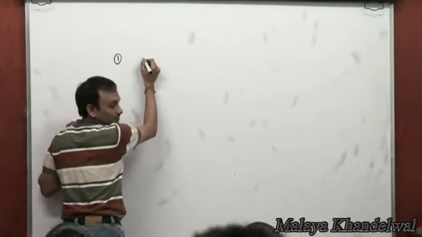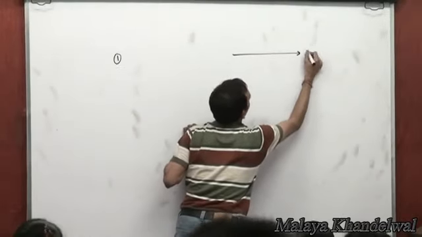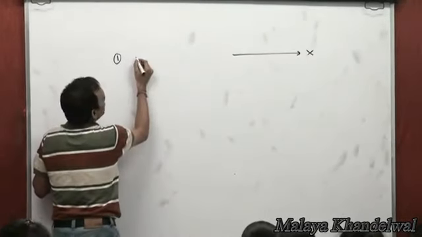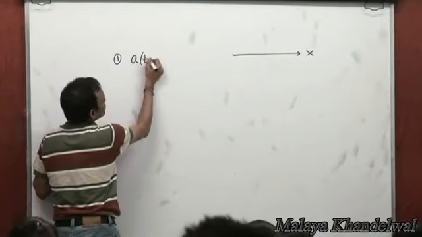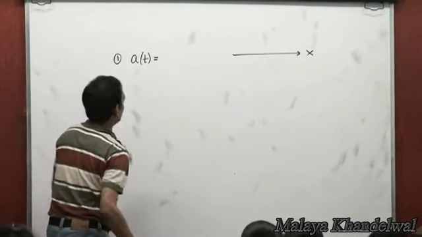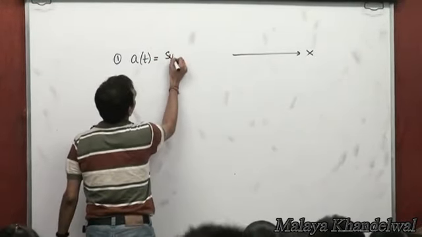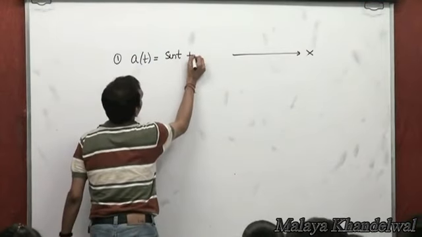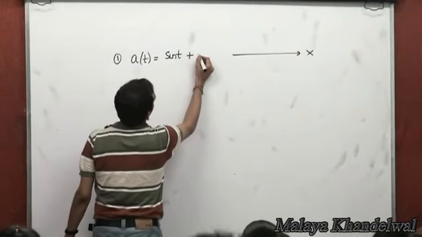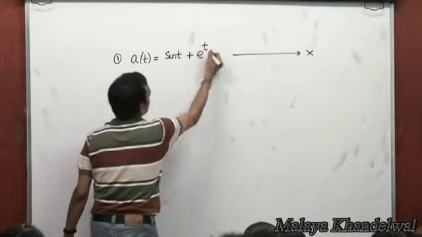There's a particle moving along the x direction, and its acceleration as a function of time is sine t plus e power t.